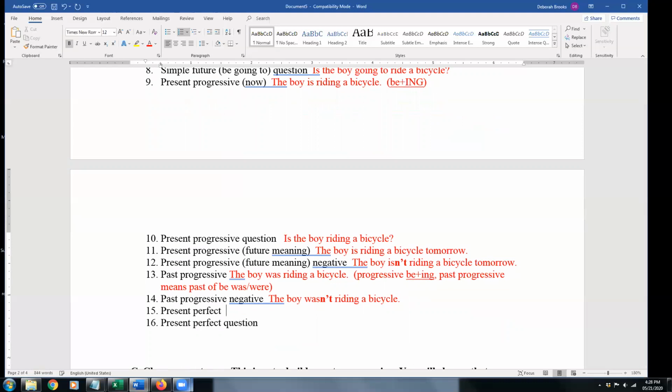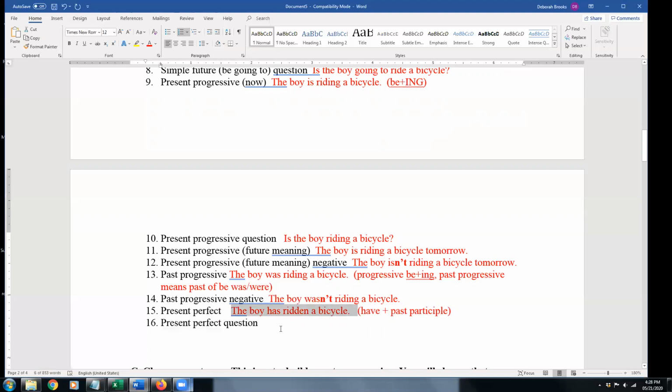In present perfect, the helping verb is have, so that's has for the boy, and the main verb is a past participle. Have plus past participle. So that's has, because it's the boy with an S verb, and the past participle, ridden.